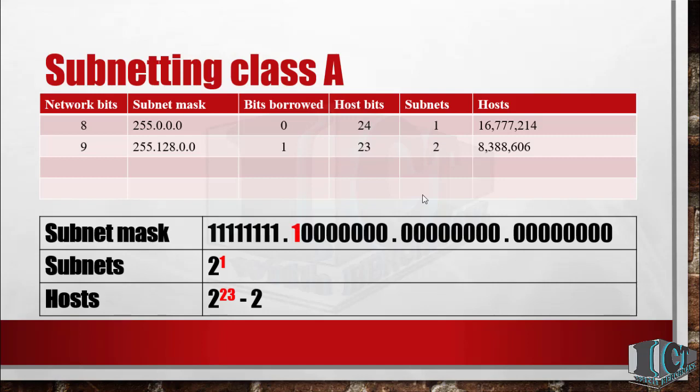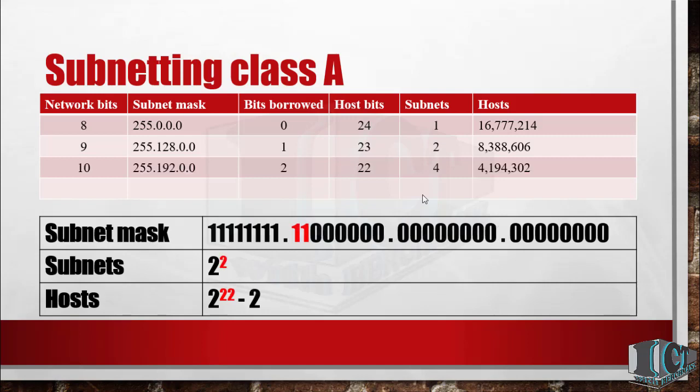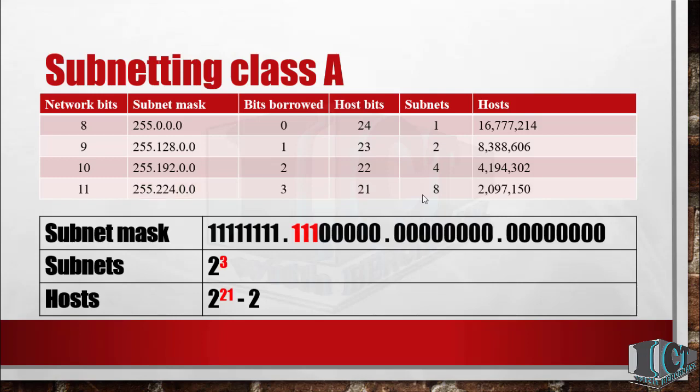Let's borrow another bit. Now the network bits would be 10. My subnet mask changed to 255.192.0.0. The number of bits borrowed would be 2, indicated in red in the subnet mask below, and the host bits is now 22. The number of subnets that can be created is 2 to the power 2, which is 4. And the number of hosts is reduced to about 4 million now. If I borrow another bit, the subnet mask would be 255.224.0.0.